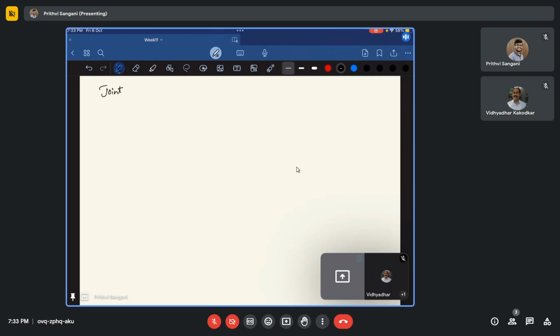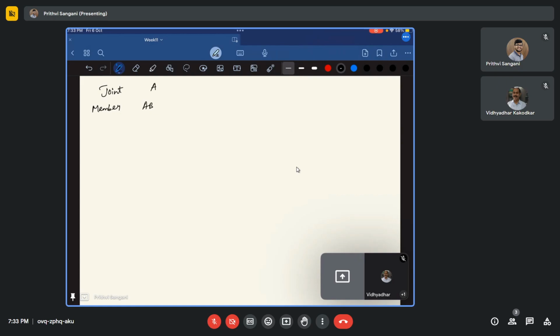Joints are the nodes. Nodes are A, B, C, D. So joint, and we have members. Each member will converge, or meet, at the joints, right? So for joint A we have only one member which is meeting, because there's nothing adjacent to it, or A itself is a support.